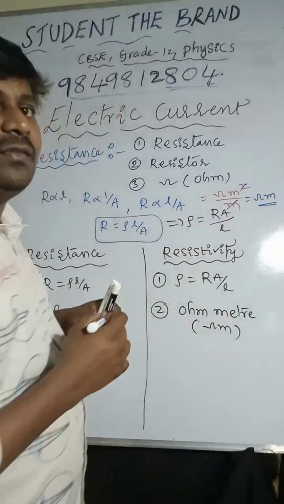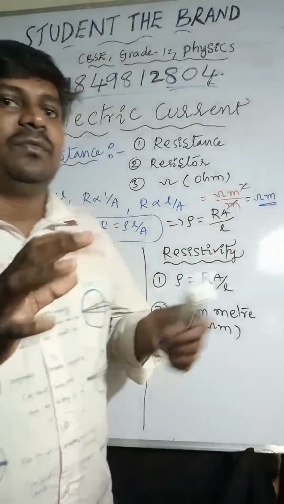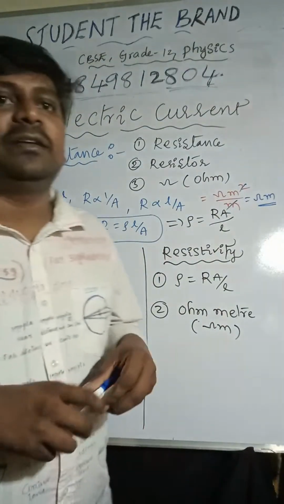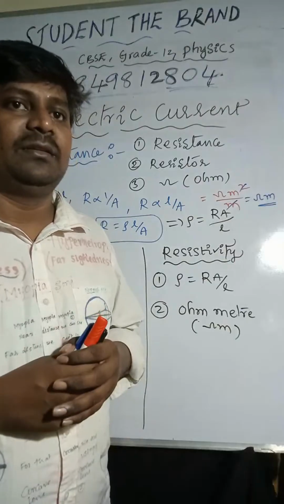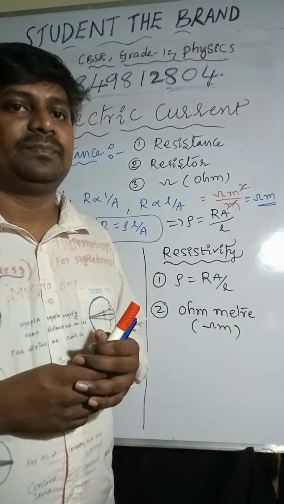So the SI unit of resistivity is ohm meter. Very, very important. I hope it is very clear. Right?